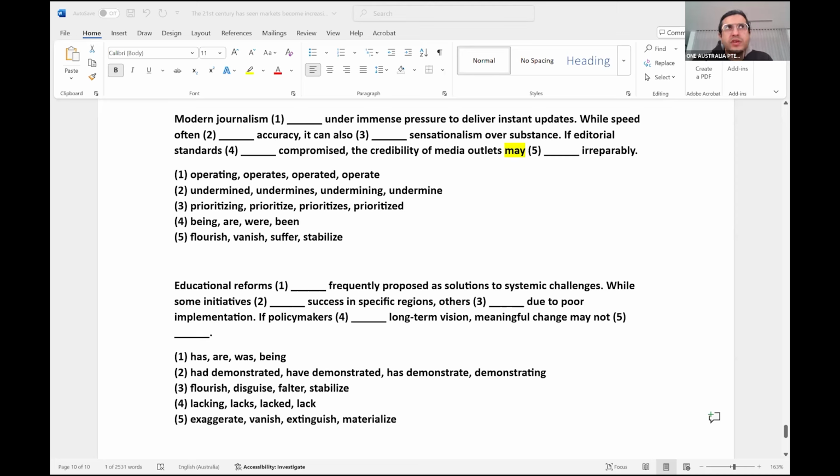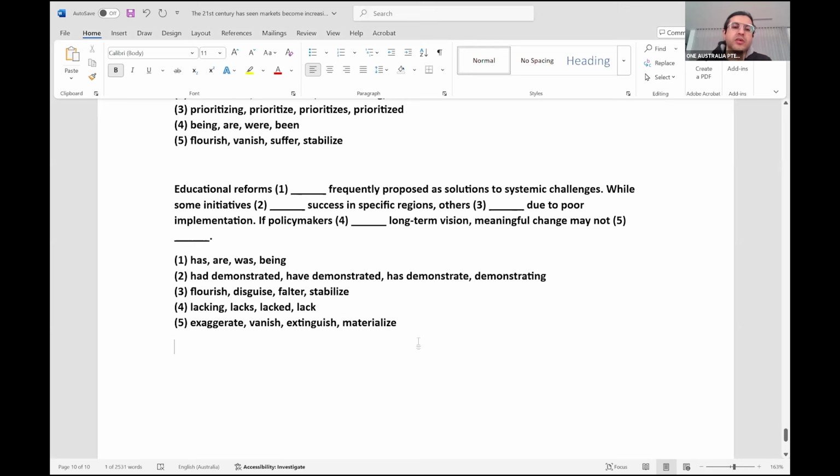But there's also another case where we have to put "the", and that is when you write something with "of" something, okay? Something of something. For example, something of something.